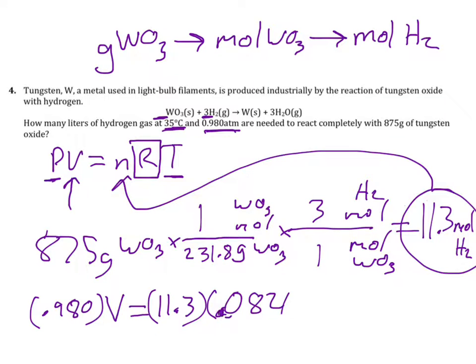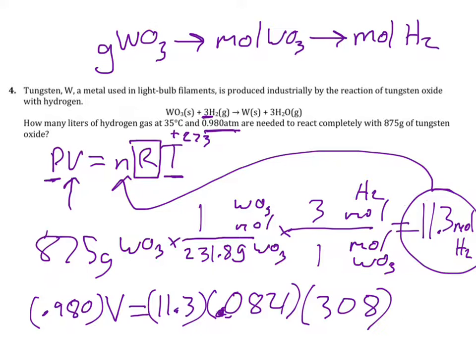You find that on your equation sheet, the second page in your booklet. And then T is, well, we're given Celsius, so what do we have to do to the Celsius? We have to take the Celsius and add 273 to make it Kelvin, and you end up getting 308.